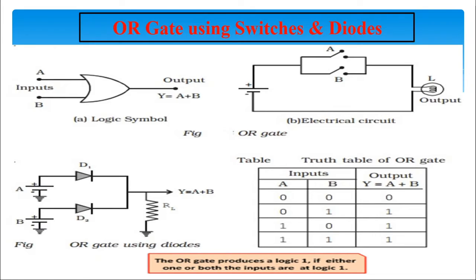The Boolean or logical expression to represent OR gate is given by Y = A + B, and the plus symbol should be read as OR.